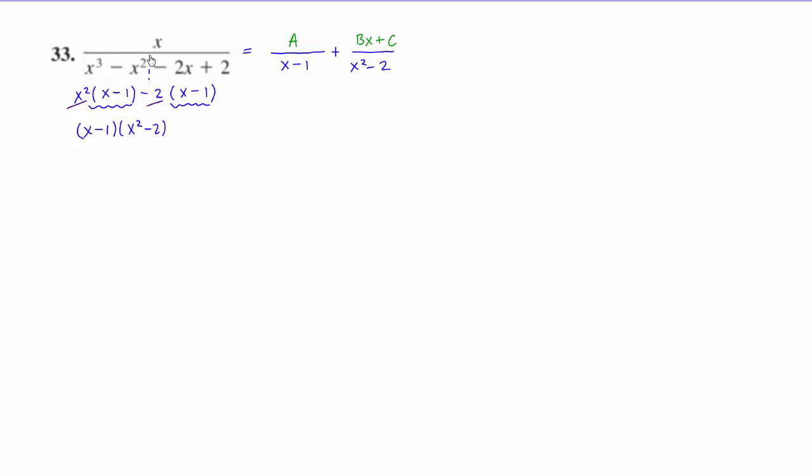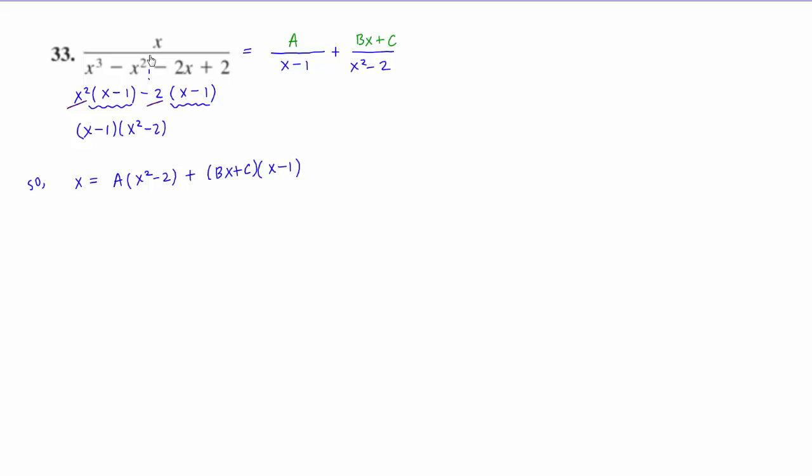That gives us the resulting system that x on the left-hand side equals a times the denominator it does not have, x squared minus 2, plus the numerator bx plus c times the denominator it does not have, x minus 1.